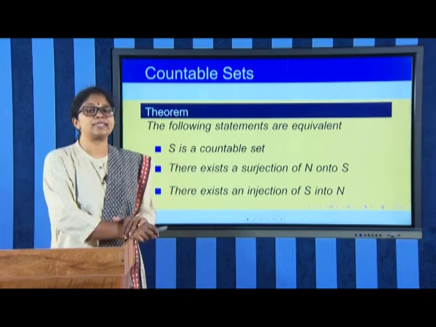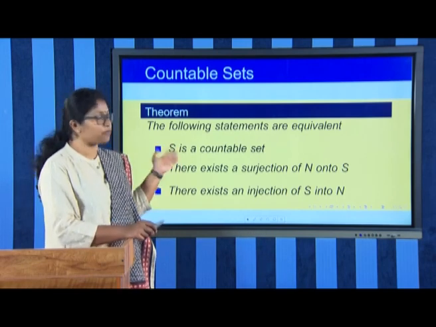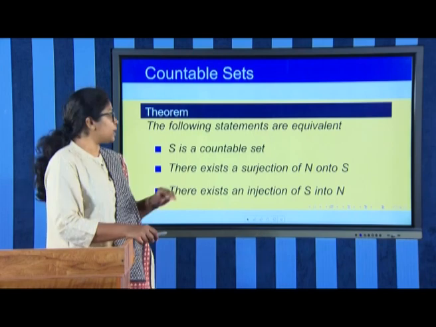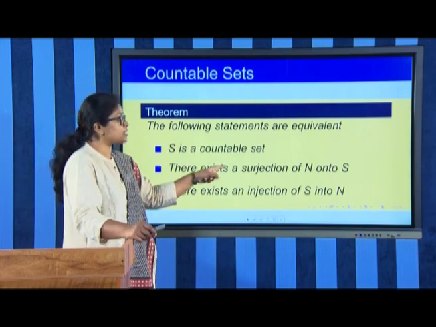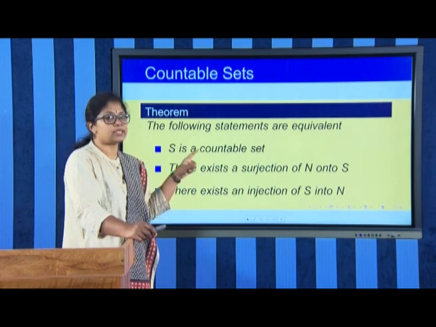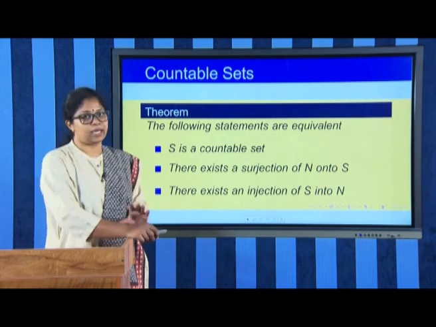So we need not establish a bijection as we have always defined in the case of countable sets. A bijection is not required for a set to be countable. A surjection or an injection is required so that the set is countable. That is the meaning of this theorem.